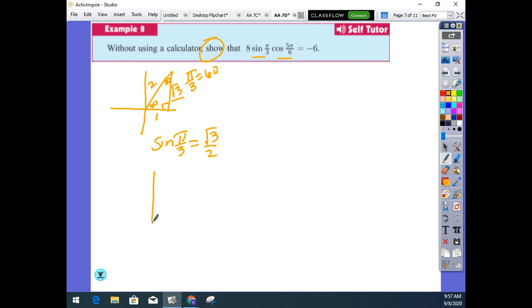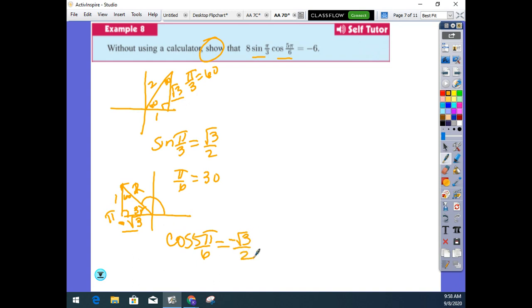Then I need to find cosine of 5 pi over 6. 5/6 is almost 1, but not quite. So this angle here, that's our pi over 6, our leftover, which is 30, 30, 60, 90, 1, 2, square root of 3. But in the second quadrant, our x is negative because it's going left. So then I find cosine of 5 pi over 6, which is my x, over my r.